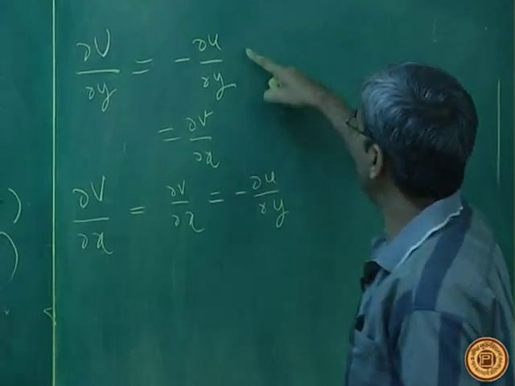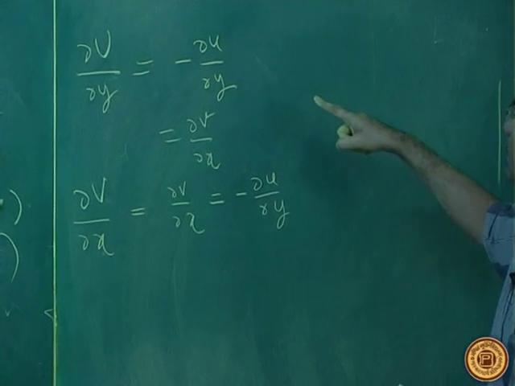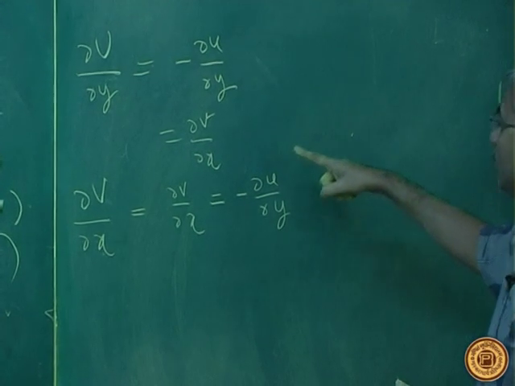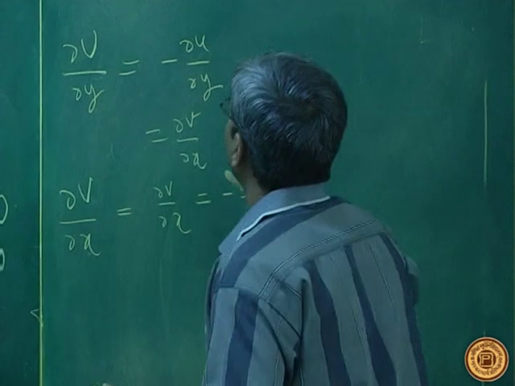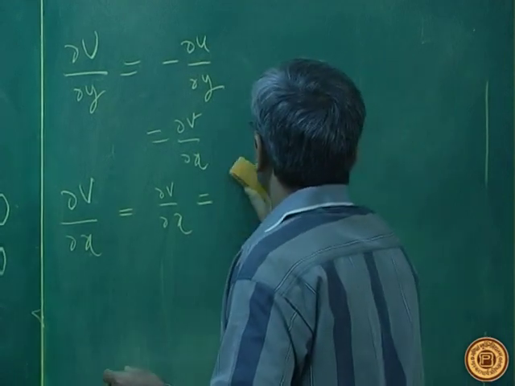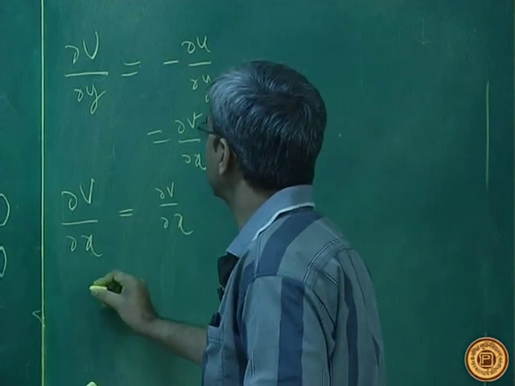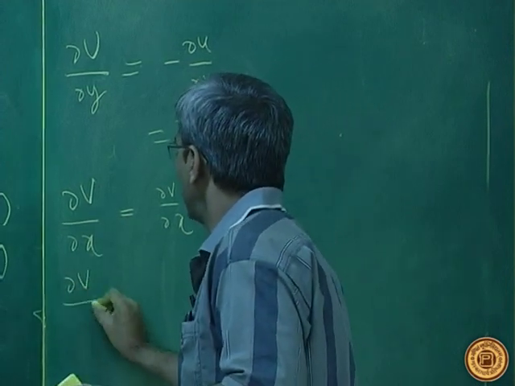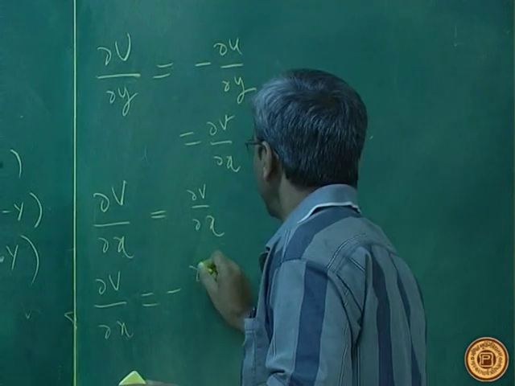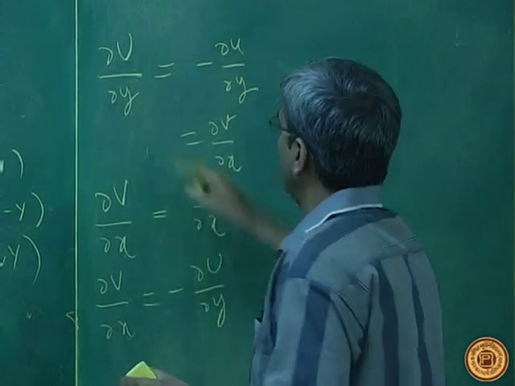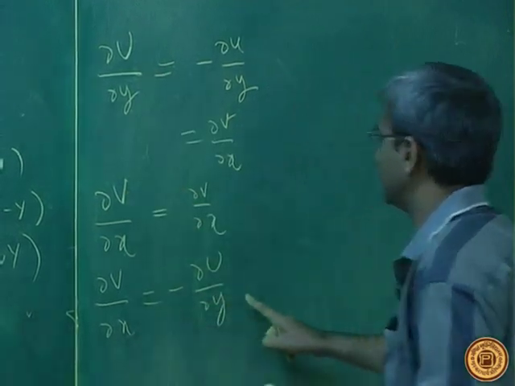So ∂u/∂y is also equal to... so this is all right. This we have already written. Now we want ∂v/∂x to be equal to minus ∂u/∂y for u and v to satisfy the Cauchy-Riemann equations.